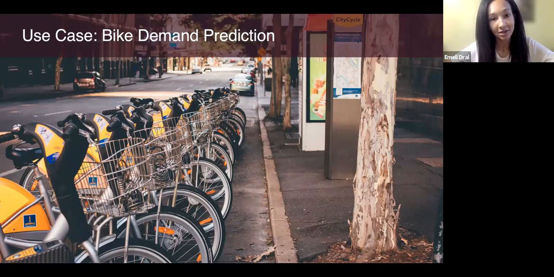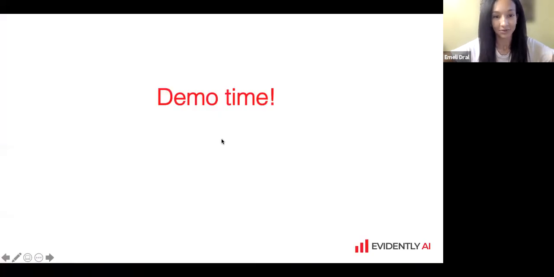This is the dataset which is used to predict how many bikes will be taken into a rental based on the weather conditions, based on the season and the time. So let's move to the demo and see how we can create the interactive dashboards and figure out what is happening with our model. So for doing this, I'm going to start a new screen share.